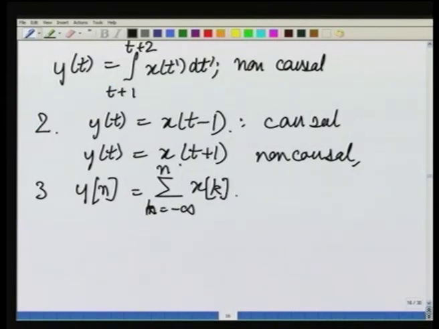This is a causal system. It is a sum of all possible past values, I mean all past values of the signal x t, x n to generate y n, and since it uses only past values, it is causal.